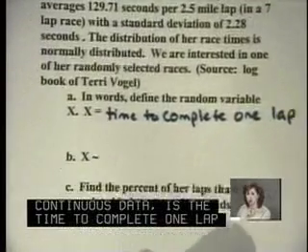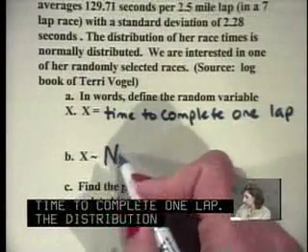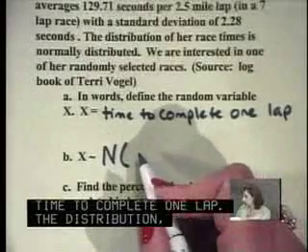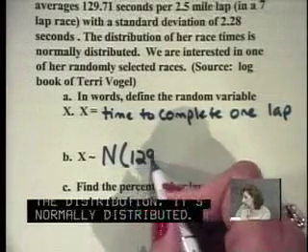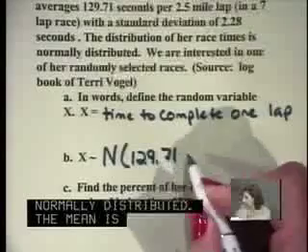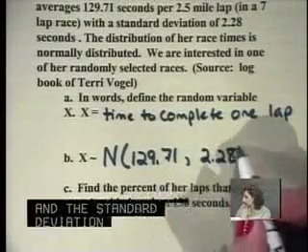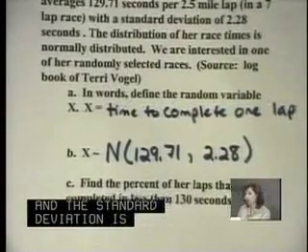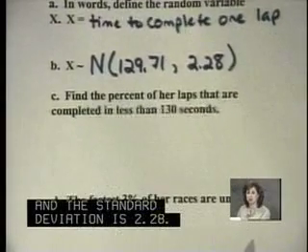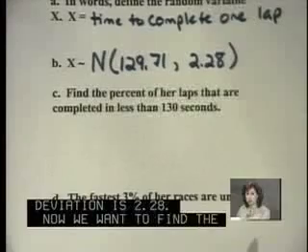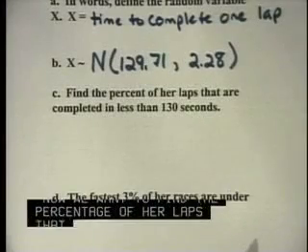The distribution is normally distributed. The mean is 129.71, and the standard deviation is 2.28. Now we want to find the percentage of her laps that are completed in under 130 seconds.